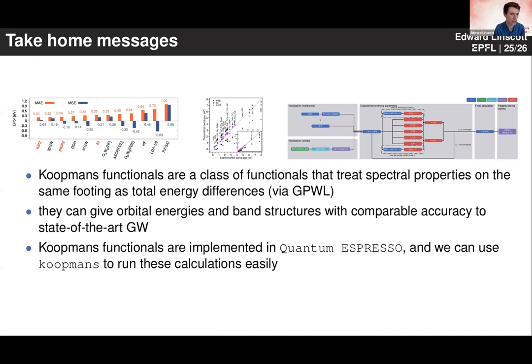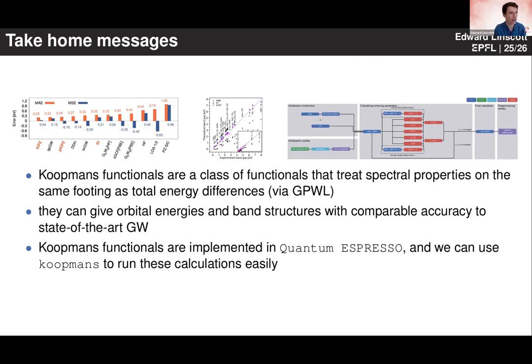Yeah, thank you. And the very last question is from Luis Aguinaga del Hierro. Can we use Koopmans with the phonon code? Or can we compute phonons with Koopmans using finite difference or DFPT? No, not presently.